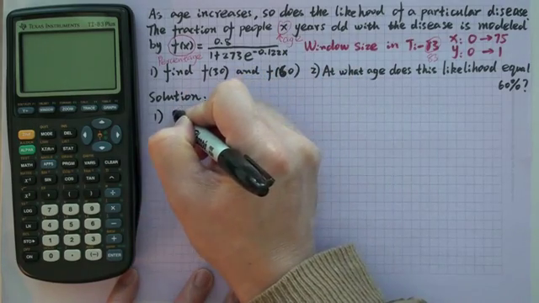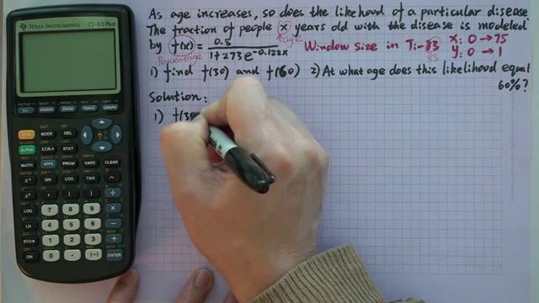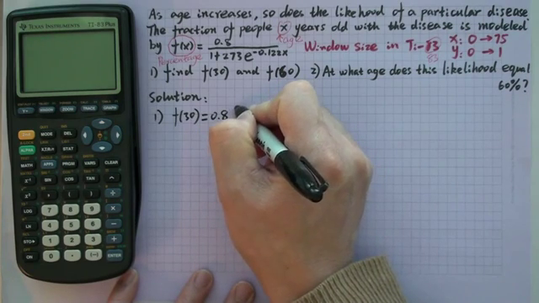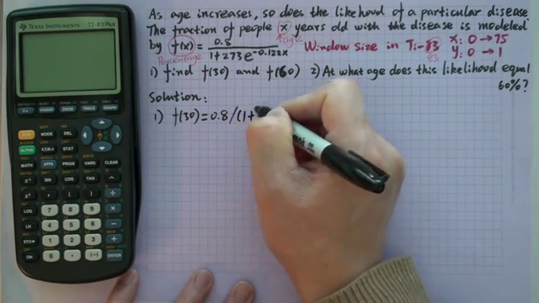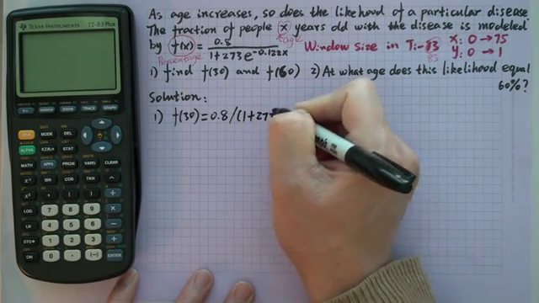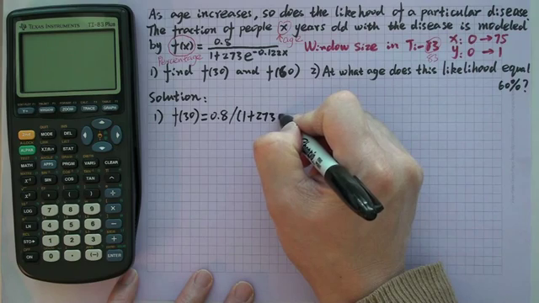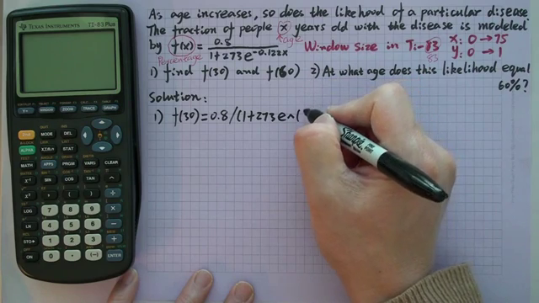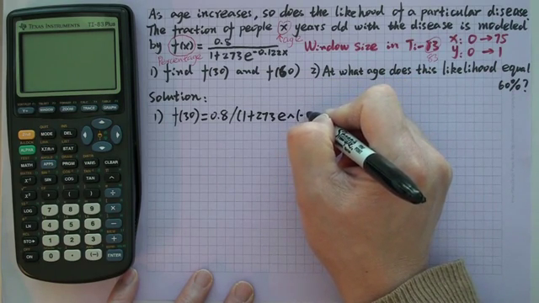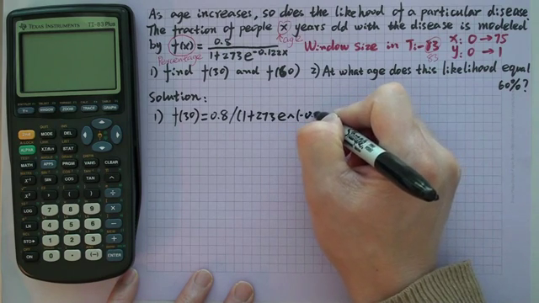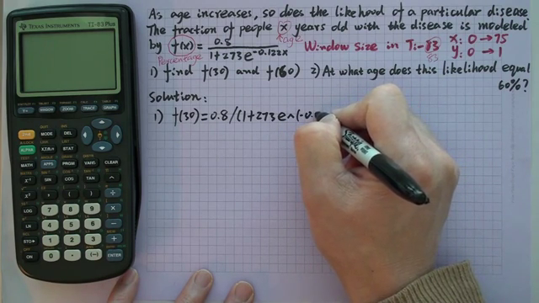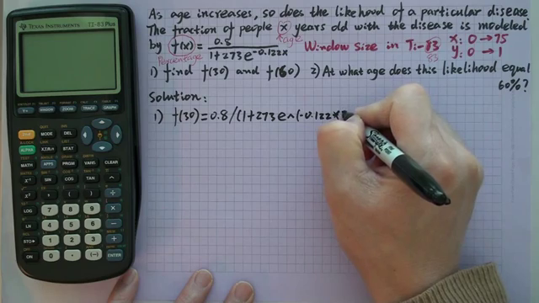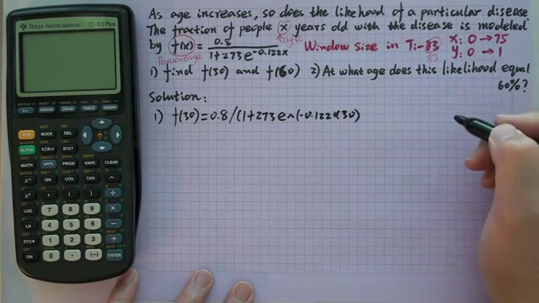You have f of 30 equals 0.8 divided by 1 plus 273 times e to the negative 0.122 times 30.